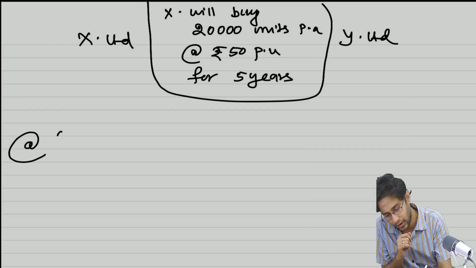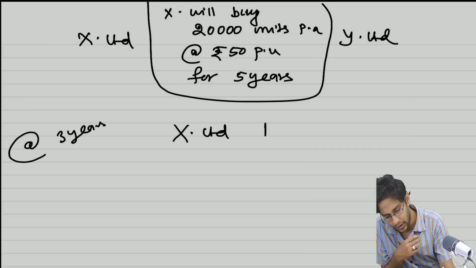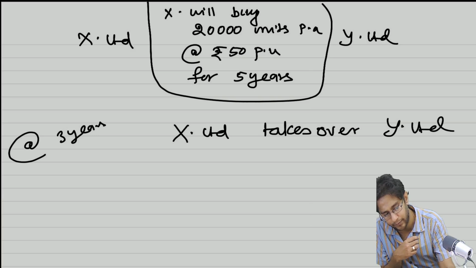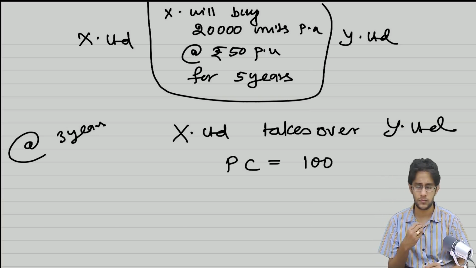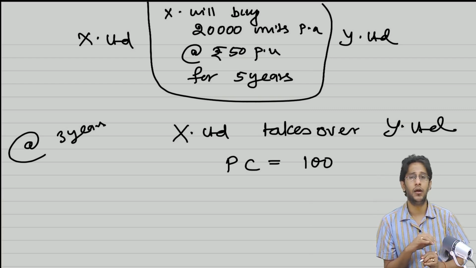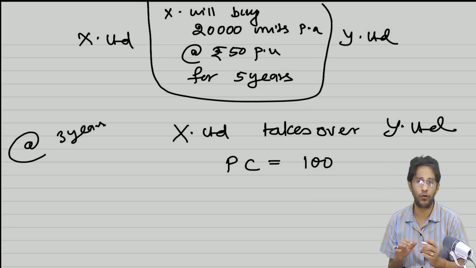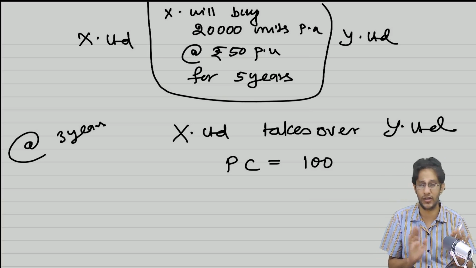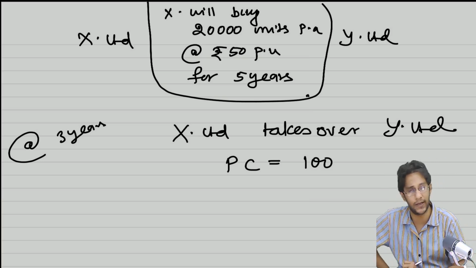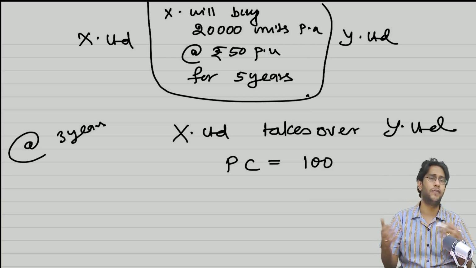Now, at 3 years time, X Limited wants to take over Y Limited. Some PC amount is offered, all that is fine. But this contract you see, now X and Y are two different entities.